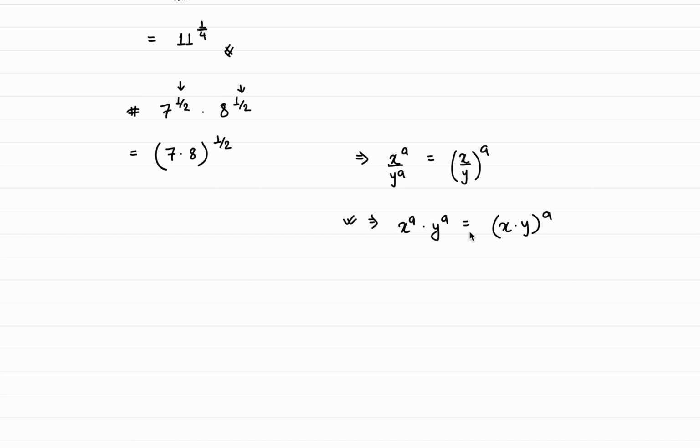We're using the second rule. And we know 7 times 8 is 56, to the power 1 over 2. And done. That's it. We just multiply those two numbers, which is 56, and we just copy the 1 over 2. So that's our final question, and it's, I think, the easiest one till now.